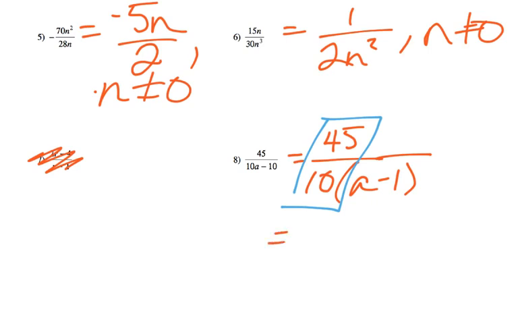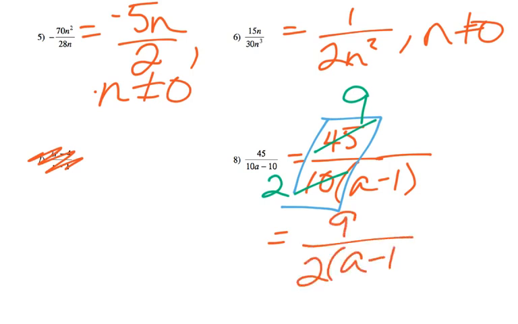And I can divide out 5, which leaves me with 9 and a 2. So the simplified version here is 9 over 2 times a minus 1. You could also change the denominator so that it's 2a minus 2, which is totally fine. And here, your a value cannot be 1.